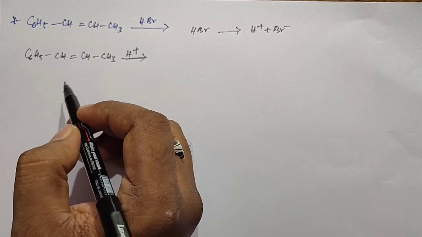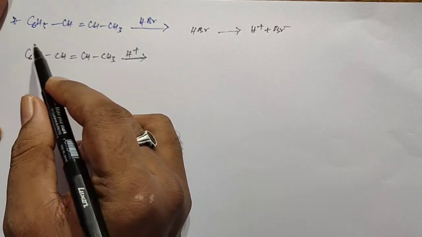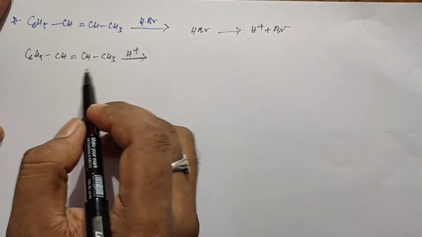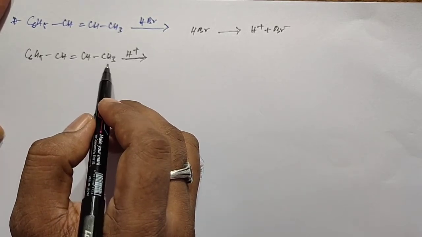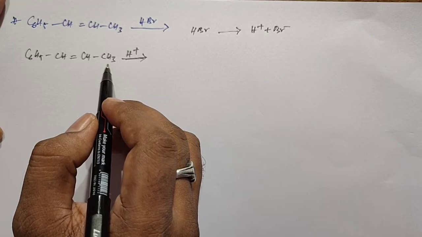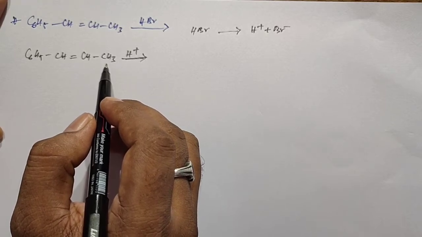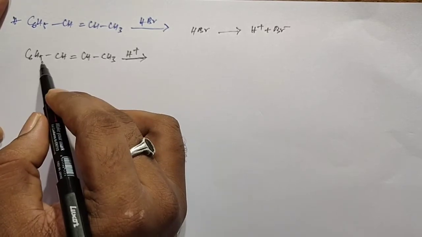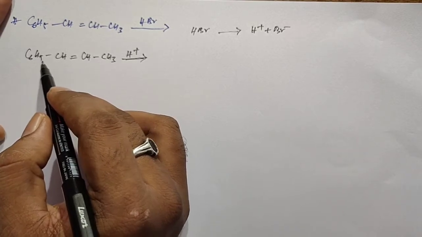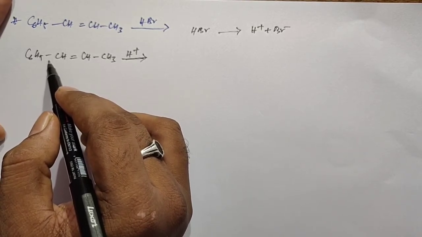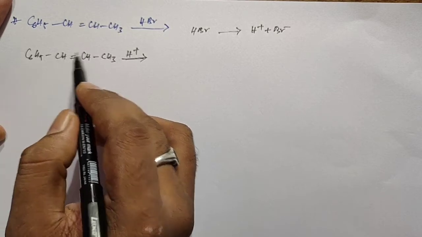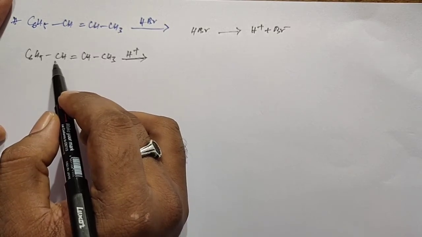Actually, here a phenyl group is there and a methyl group is there. When compared to the phenyl group and the methyl group, the methyl group is more electron releasing, an electron donating group. The phenyl group is an electron withdrawing group, so it cannot donate the electron due to resonance nature. So the negative part needs to attach to this carbon.